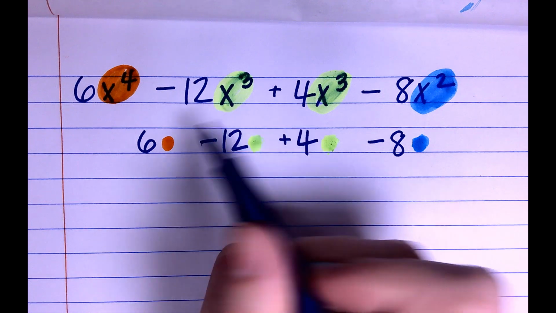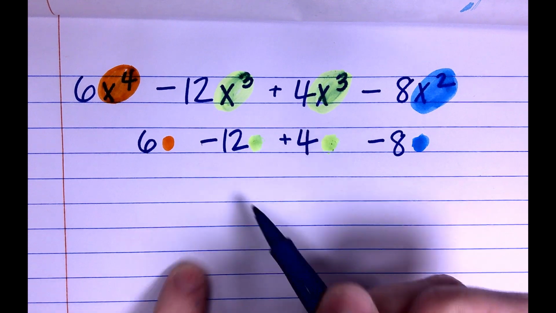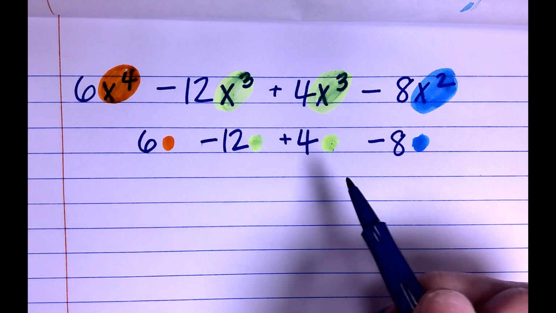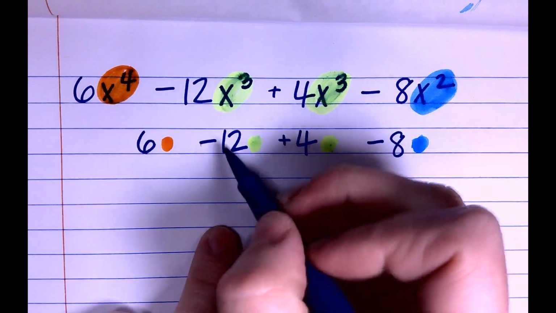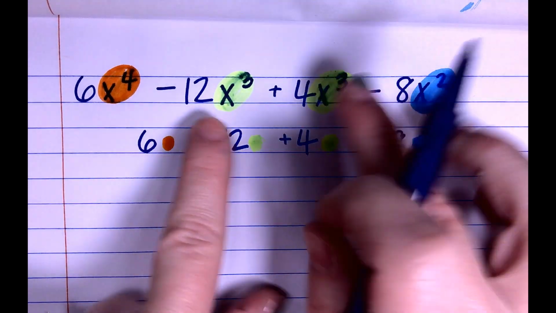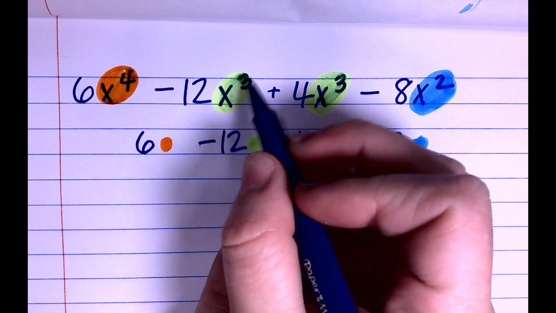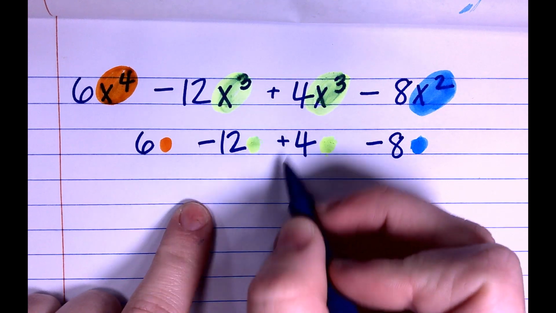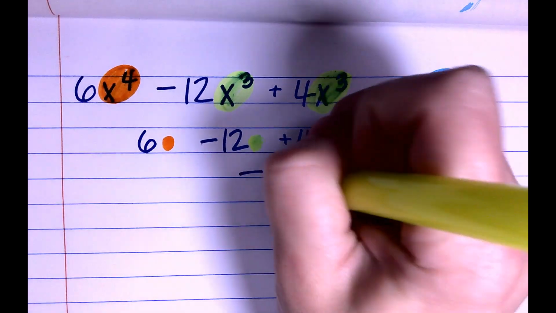When I add negative 12 yellows and 4 yellows, is that going to change the color that I have or just the amount of that color? It's just going to change the amount of the color. It's just changing the amount of x to the third powers. We're not changing the exponent. We're just adding the number of it. So we would end up with negative 8 yellows.